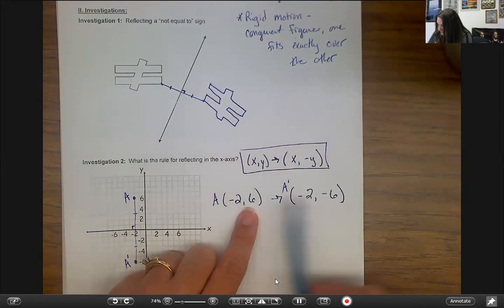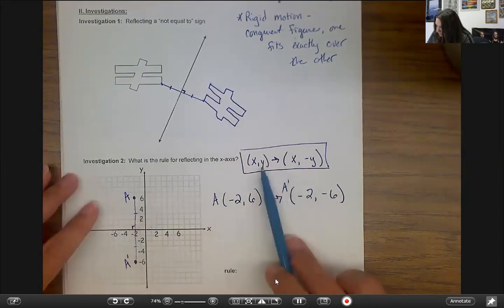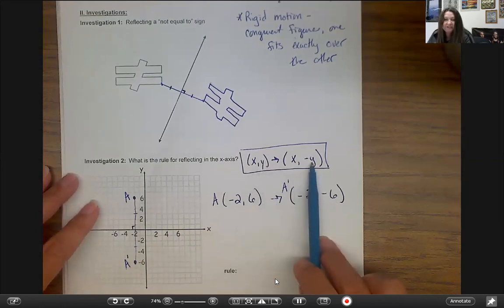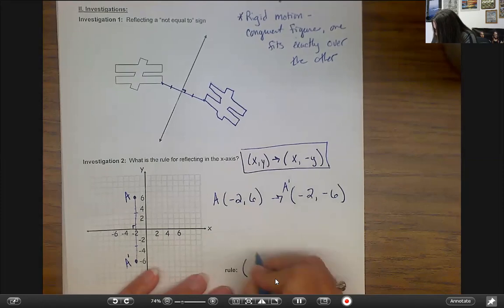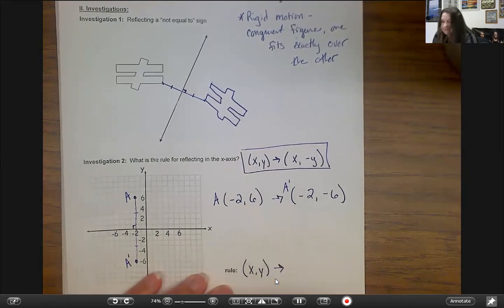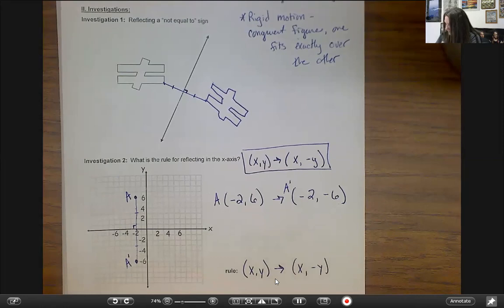So you should see that the y coordinate just changes sign. It was a +6, it now goes to a -6. So in our rule, we show that y just takes the opposite sign. So that rule is any pre-image (x, y) is going to reflect to (x, -y) if we're reflecting over the x-axis.